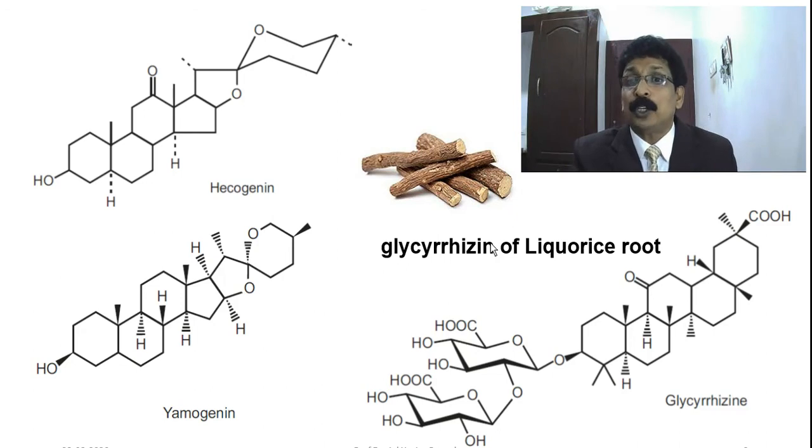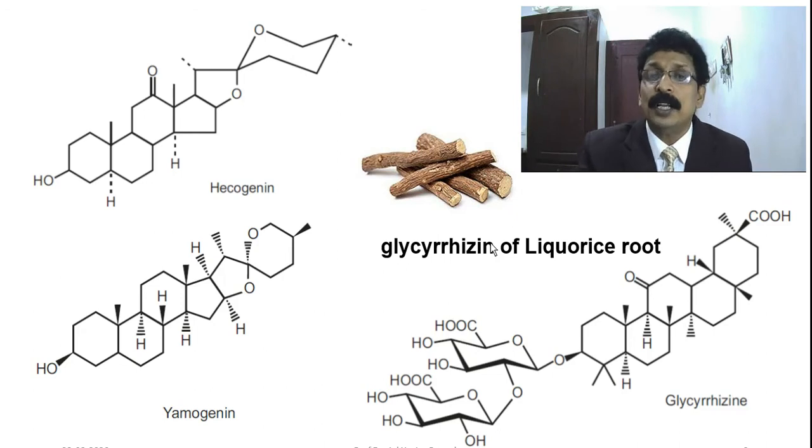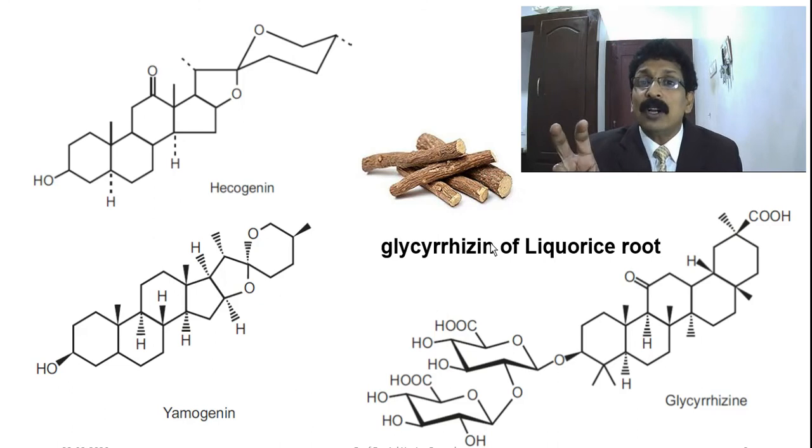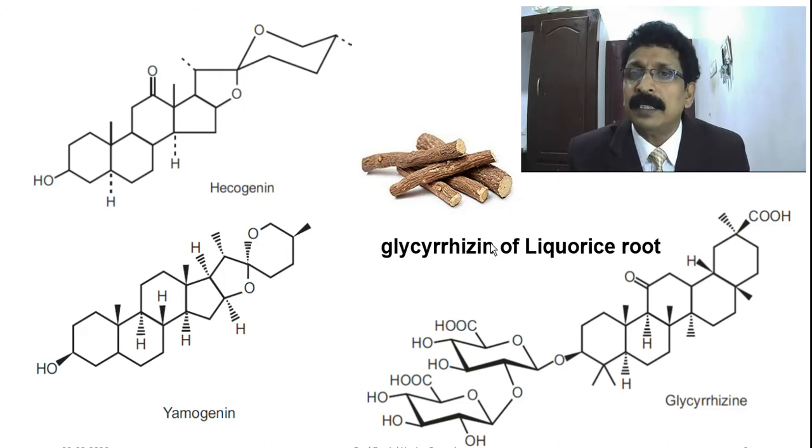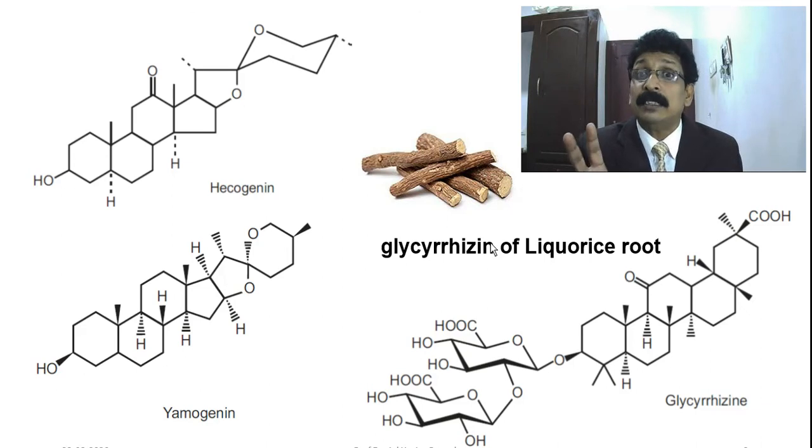You can see the functional group. So glycyrrhizin is also a triterpene unit. More than 30 carbon atoms are present in them. That's why it is called triterpene units. We are not telling simply terpenoids; we are saying triterpene units.